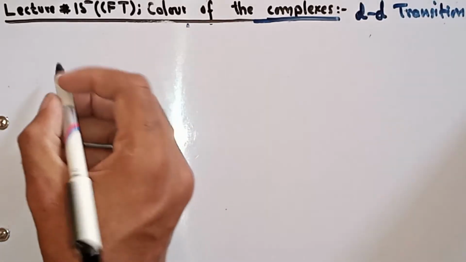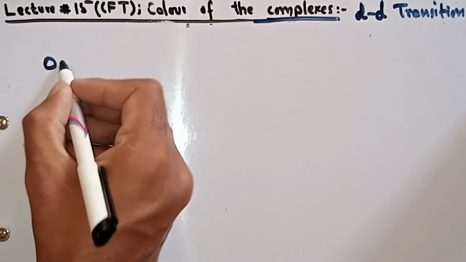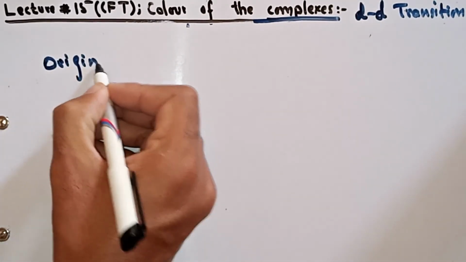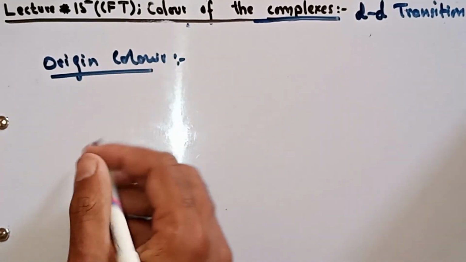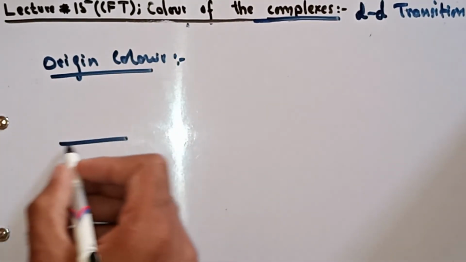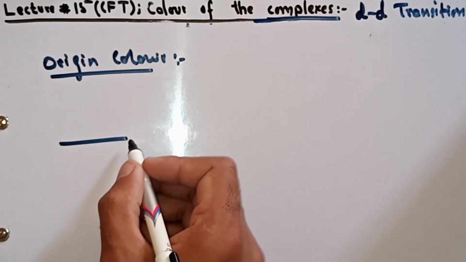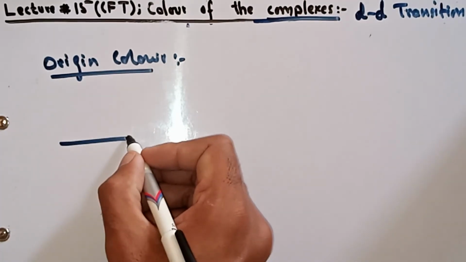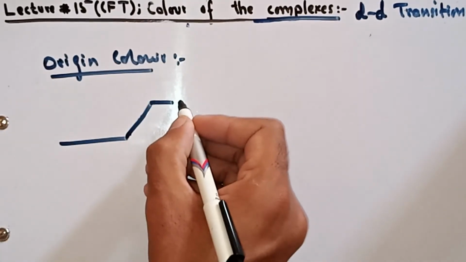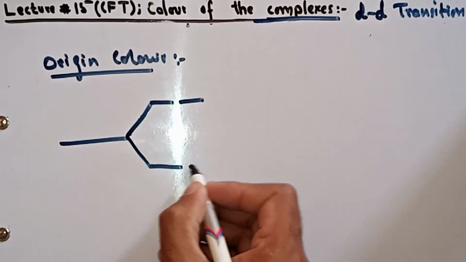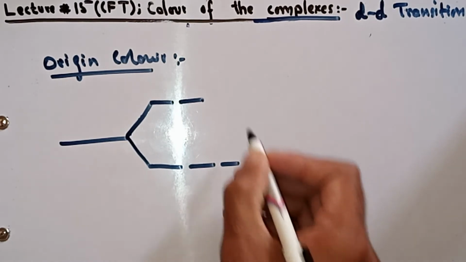So let's start. Origin of color. How color originates, I already told you. Let's suppose this is the 5 degenerate d orbitals. If this splitting occurs in an octahedral complex, what will happen? This is t2g, this is eg.